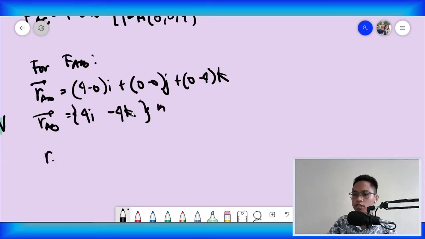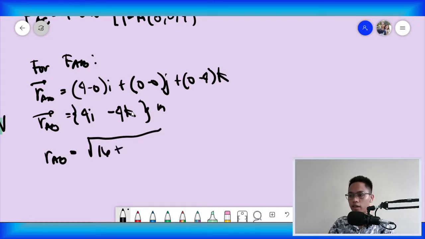Now to solve for the distance AB, this would be the square root of 16 plus 16, right? Okay, 4 squared plus 4 squared, that would be 16 plus 16. So this would be square root of 32. We can simplify it to make it easier.